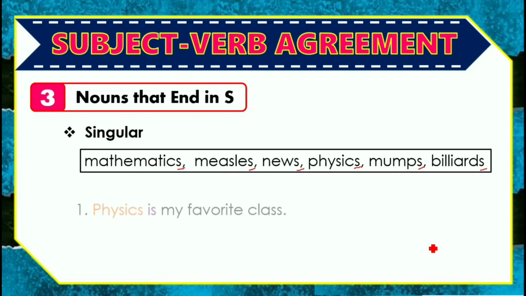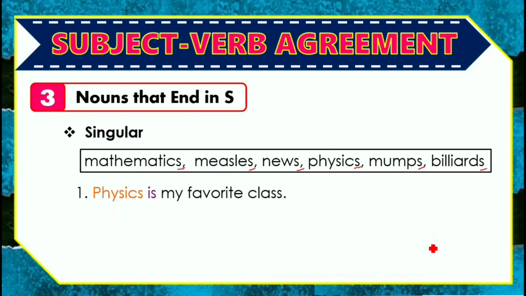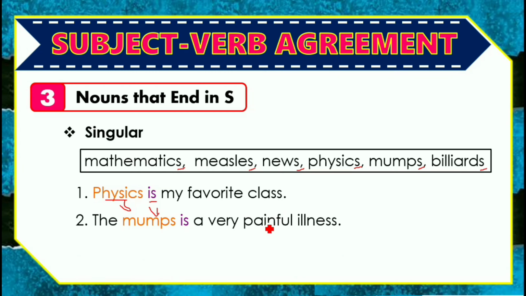For example, physics is my favorite class. Physics is our subject and is is our verb, which is singular. Number 2, the mumps is a very painful illness. So mumps is our subject, which is singular, therefore it should take a singular verb, which is is.